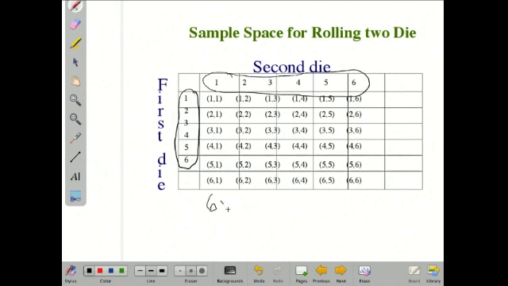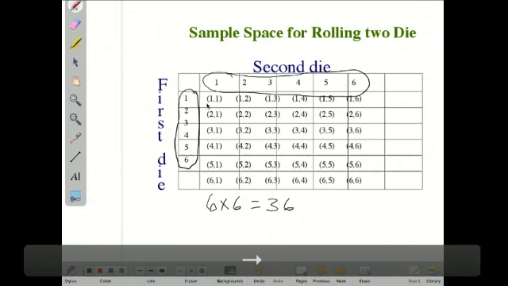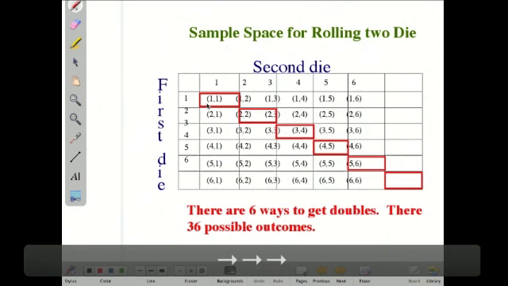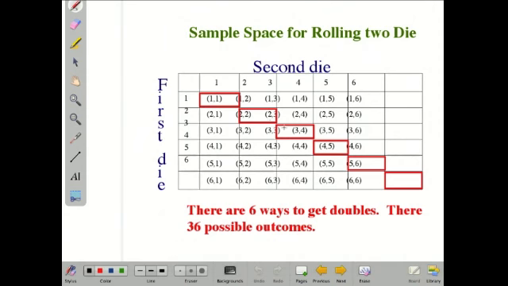That's 6 times 6, which is 36. If you count all of these possible outcomes, you'll notice that there are 36 possible outcomes that we can get. And it just so happens it works out nicely that they line up: 2,2, 3,3, 4,4, 5,5, 6,6.